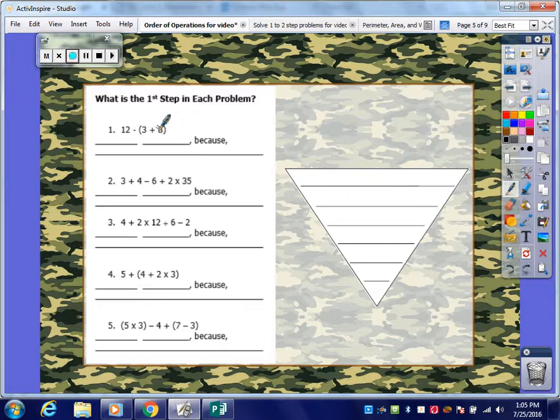Does everyone see how the 3 plus 3 is inside the parentheses? So parentheses, remember, is part of groups. So we do have to do 3 plus 3 first because it is inside of the parentheses.